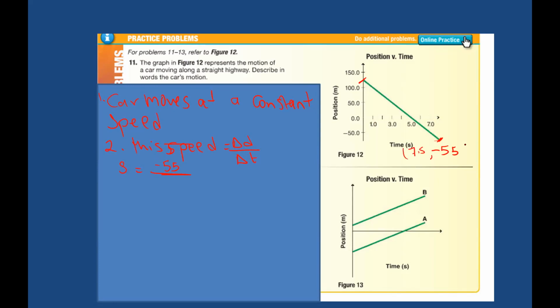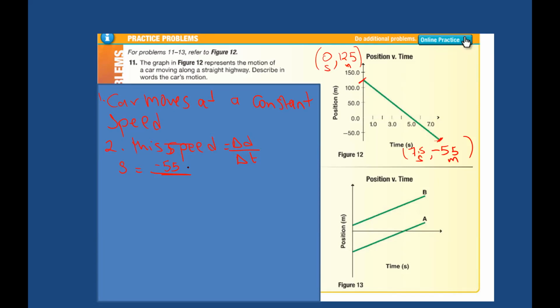These are the coordinates, so these are seconds and these are meters. And here you have 0 for the x and 125 for the y.